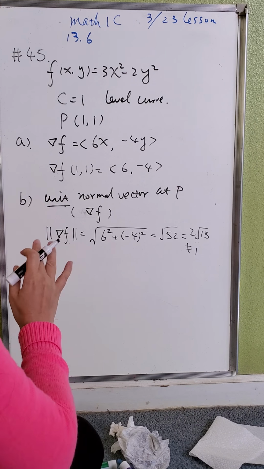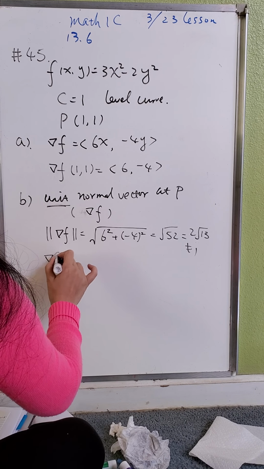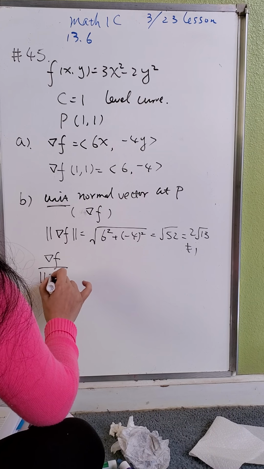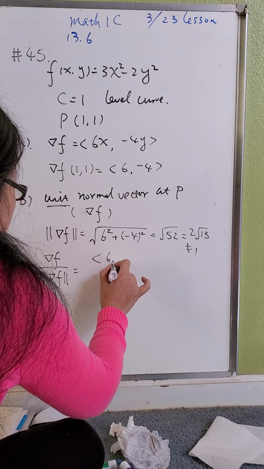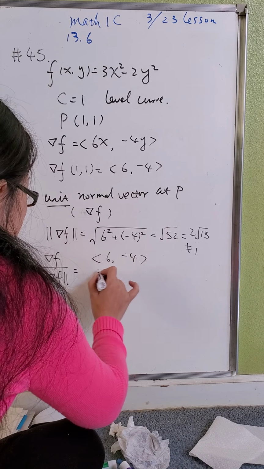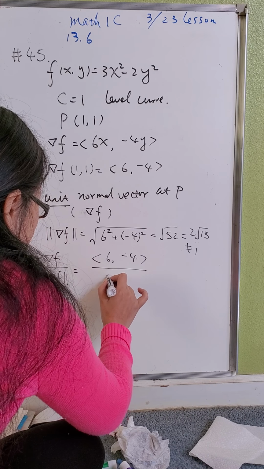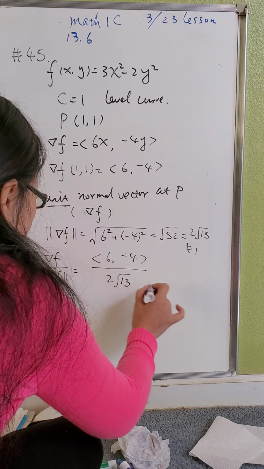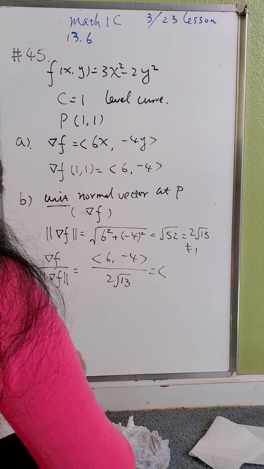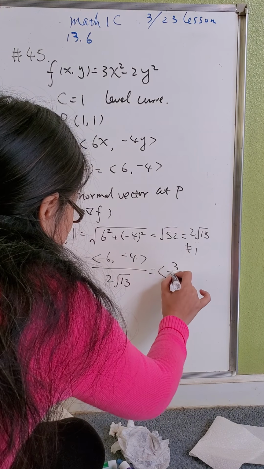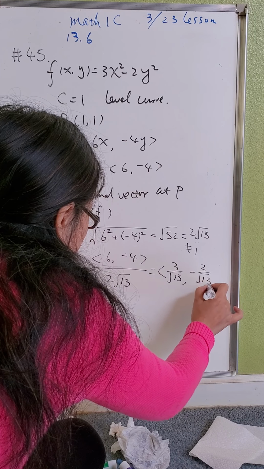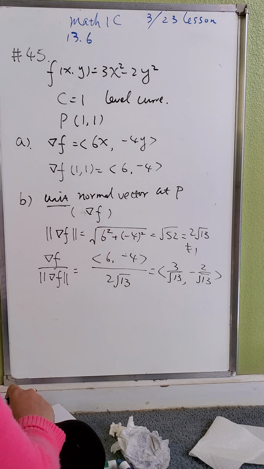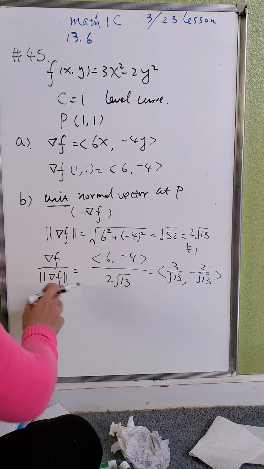So now we're going to normalize it. That's equal to (6, negative 4) divided by 2 square root 13. And when I simplify it, it comes out equal to (3 over square root 13, negative 2 over square root 13). So that's for part B.